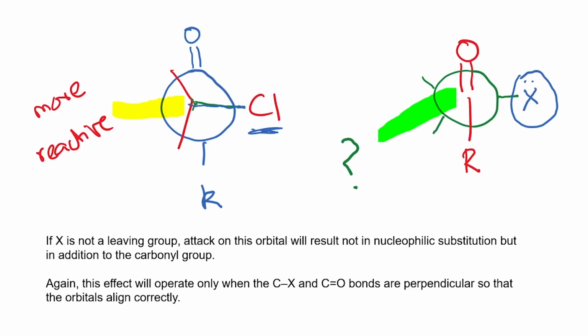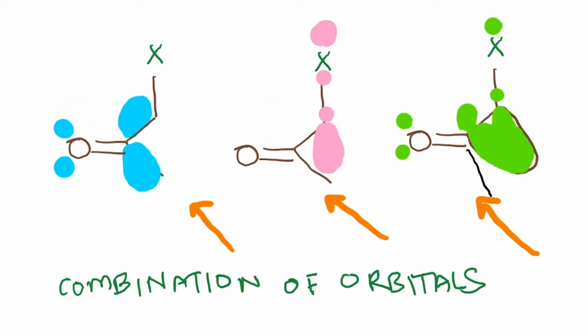Let's assume that X is not a leaving group. Then there's still going to be a combination of the orbitals, a combination of sigma star and pi star, but instead of activating the carbon-chlorine or carbon-bromine bond as here, it's going to activate the carbon towards nucleophilic addition. Now, if I look at it in terms of pictures, I've drawn it in the following way. This is the pi star of the C=O, which we are very familiar with by now.